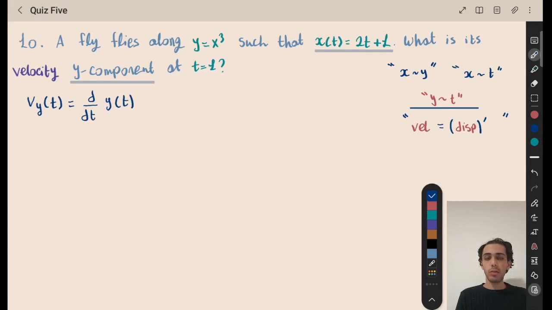So that is good. Okay. So this is what I want to find. There's a relation between x and y.